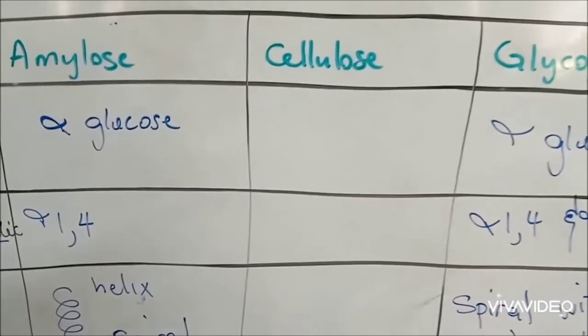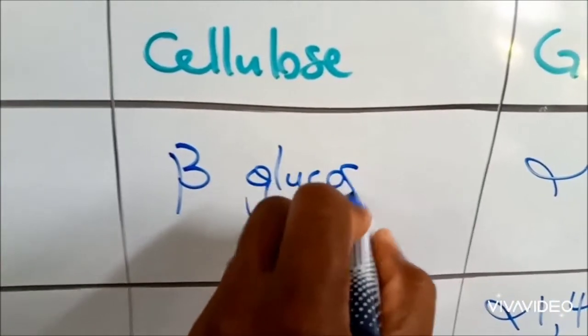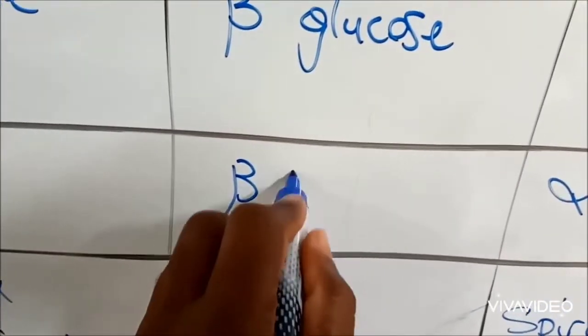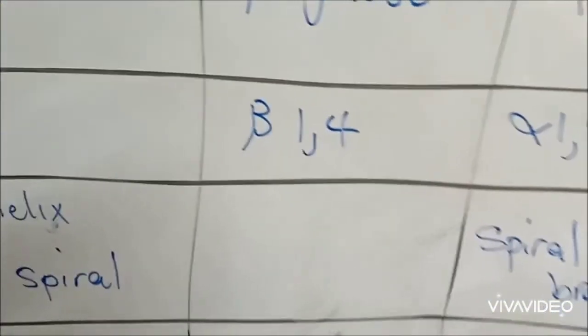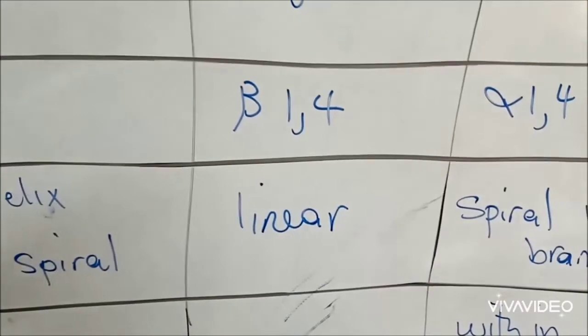Final one is cellulose. So if you remember, I said cellulose is made up of beta glucose units, so the beta glucose units are what make up cellulose, and you're going to have beta 1,4 glycosidic bonds. This is linear in terms of the overall shape.